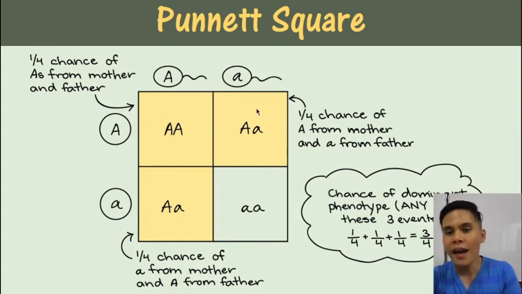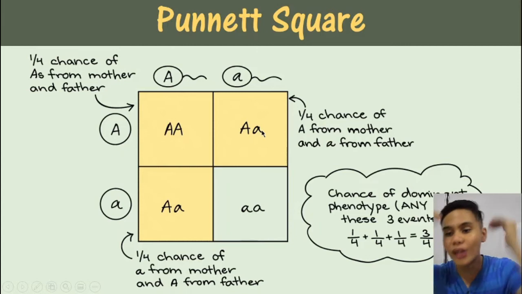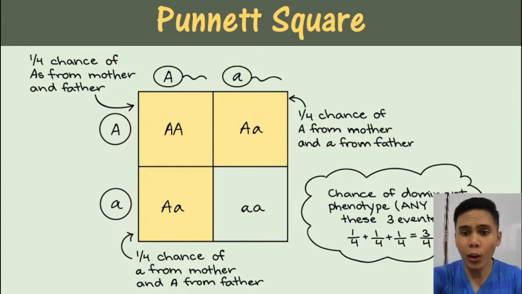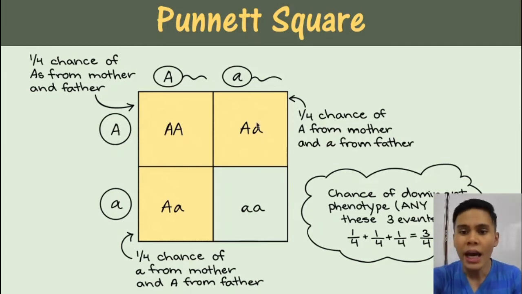It's because a heterozygous genotype will still have a dominant phenotype. Again, the dominant allele will overwhelm or mask the effects of the recessive allele. So this small a doesn't matter when it comes to phenotype. Again, the physical trait, the physical characteristic. So it will look the same as this one.